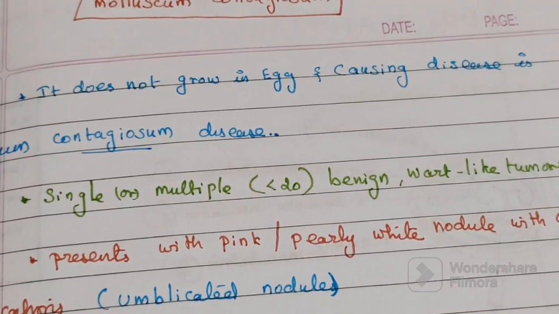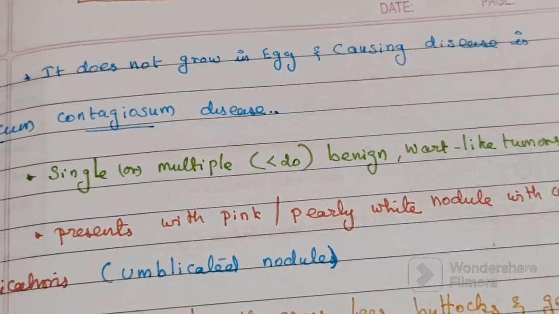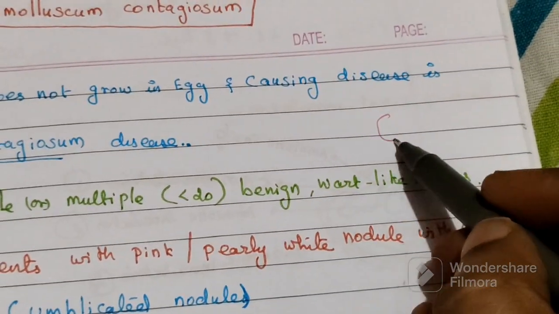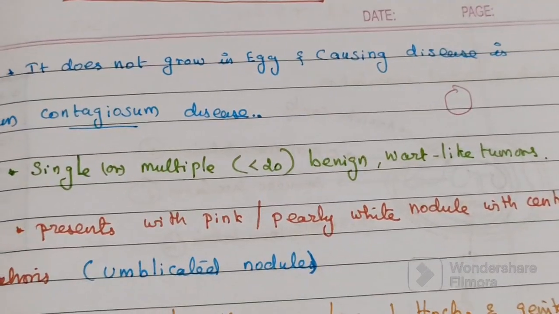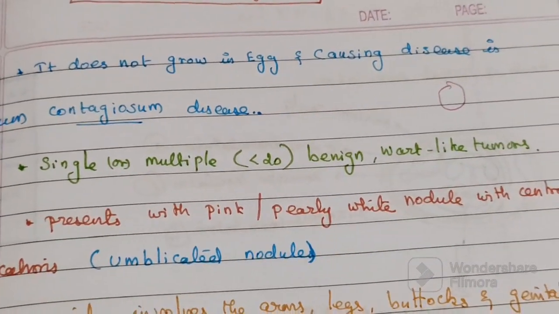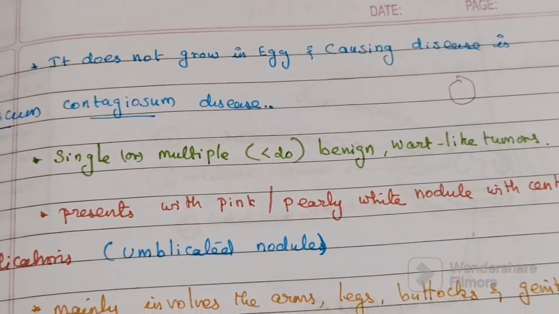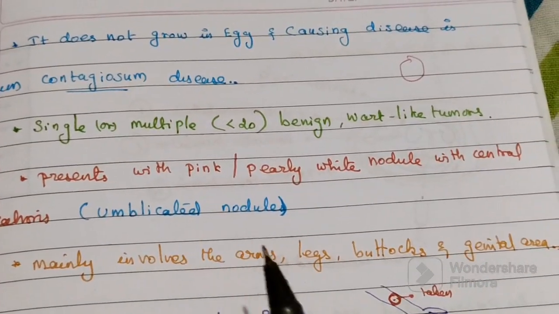It causes a rash. The center part of this rash has a depression. In the center there is a depression in the rash. This is known as an umbilicated rash.